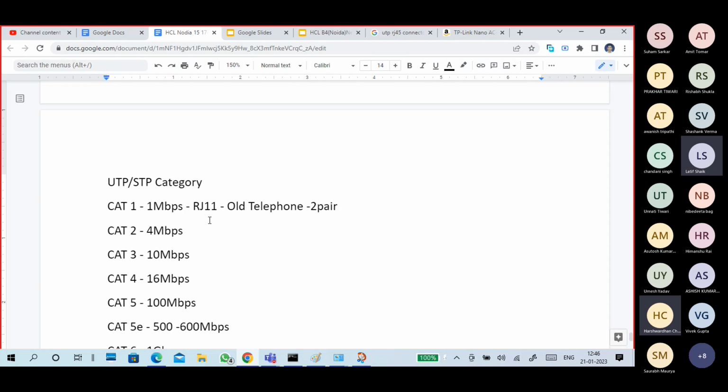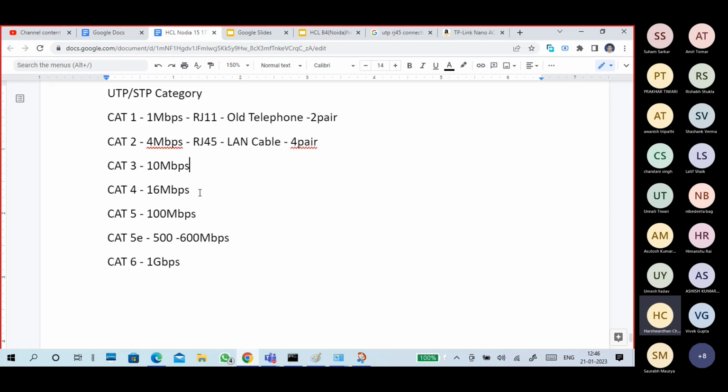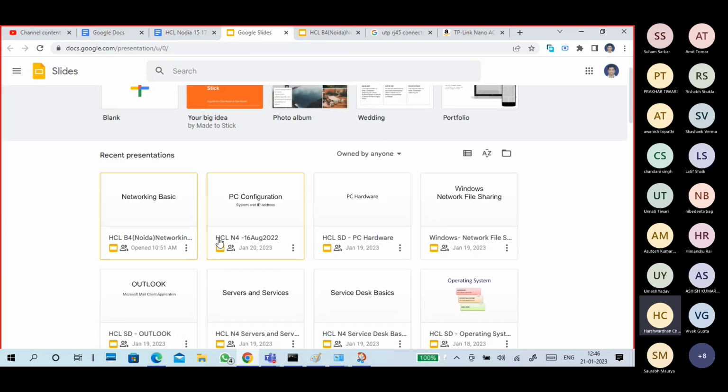But from here on, all are RJ45, regular LAN cables, and it is a 4-pair wire. So this is what I'm trying to say. Okay, guys, these are the different categories.